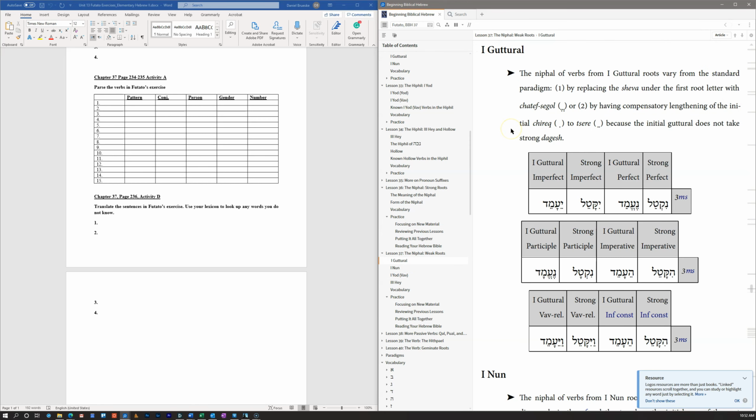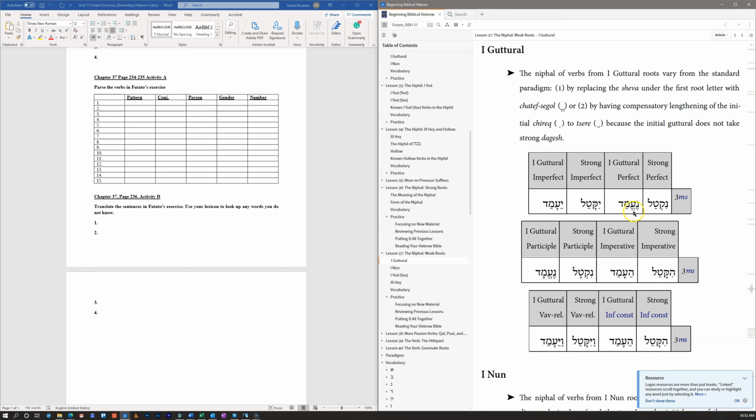So again, what problems would a one guttural present for the Niphal? Well, it's not going to present a huge problem in the perfect because the perfect doesn't already have a prefix, so you just shove the Niphal prefix on there. The issue is, just like the Niphal, these one gutturals don't like a heric before them.